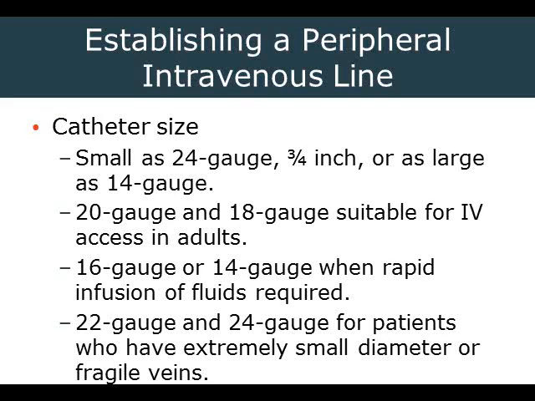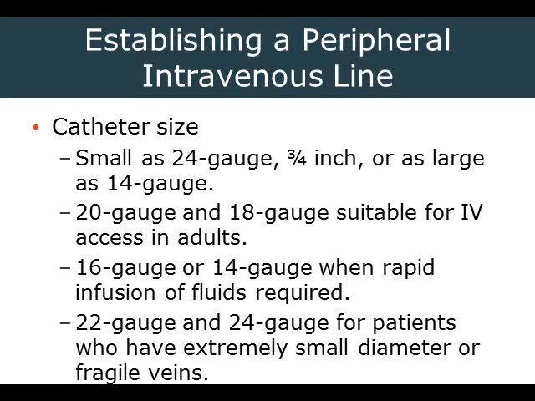So 14, 16, 18, 20, 22, and 24 are typical catheter sizes. 14 is about as big as it gets, and 24 is about as small as it gets. There are others. There are 26 gauges. There are 10 and 12 gauges. But they're usually the size extremes that are really used for something else that is really a specialty, like a neonate or another, actually not an IV, but another instance in which you need a hollow catheter.